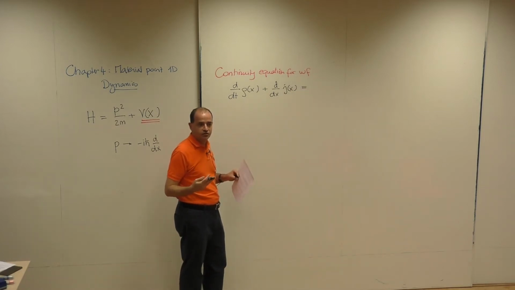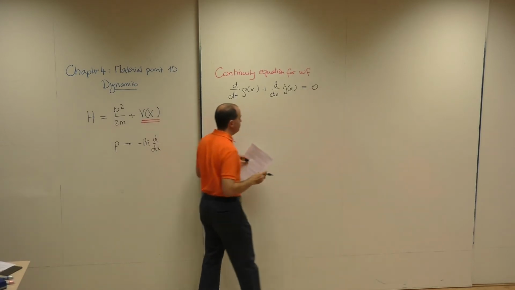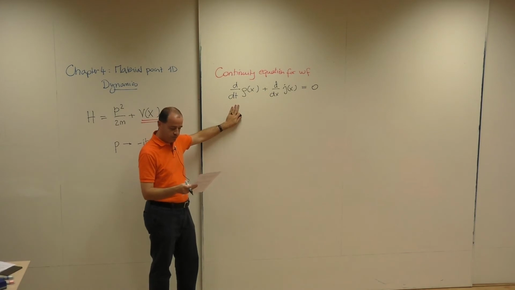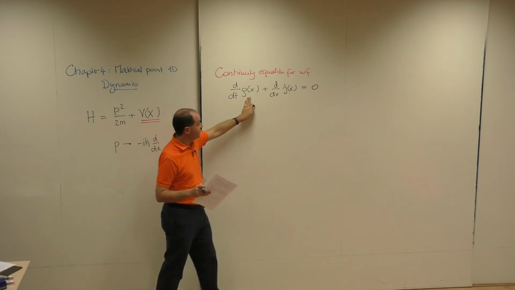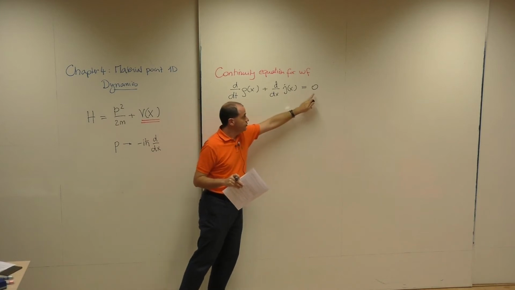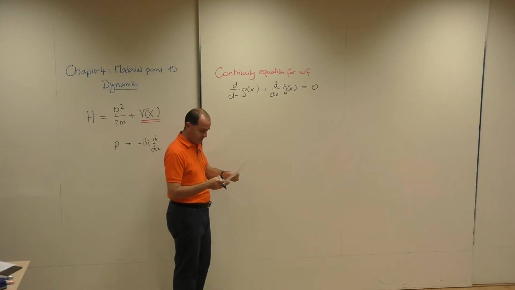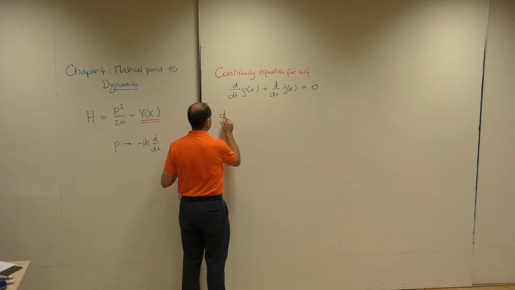Here there's no charge, there's no source of the wave function, so it is 0. This is a continuity equation: density of charge, or density of probability here, plus the divergence of the current, is equal to the sources.